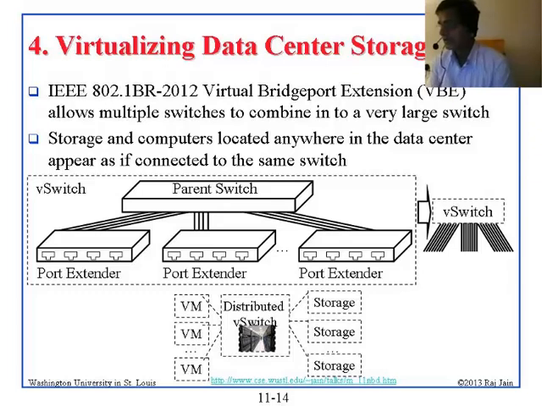Because if the disk is at one end of the data center, and you are doing computation at some other end, the data will have to be moved, but at a very high speed and with less complexity of computation. The programming, etc., is all hidden. So this bridge port extension helps by making everything connected to the same switch, same bridge.